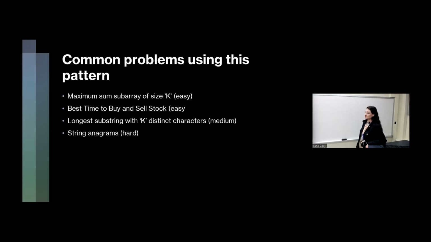Best time to buy and sell stock is a very popular interview question. Then there's longest substring with k distinct characters, or string anagrams. And if you don't know what an anagram is, basically you can build a string using the characters from another string.